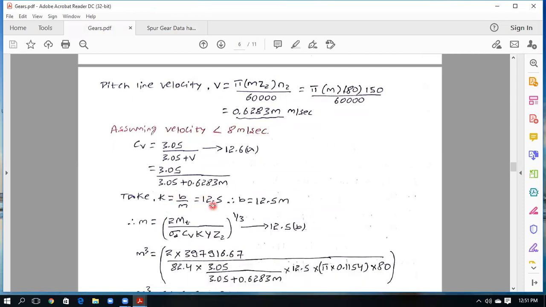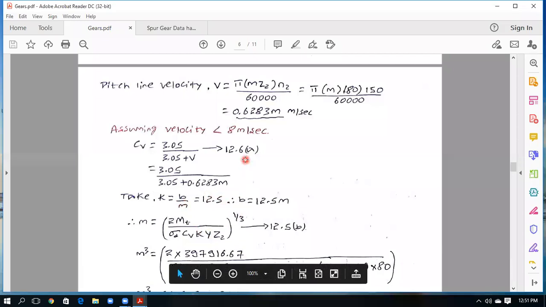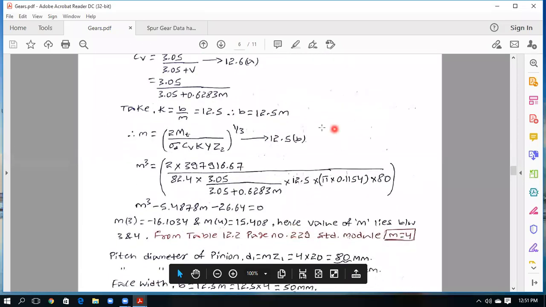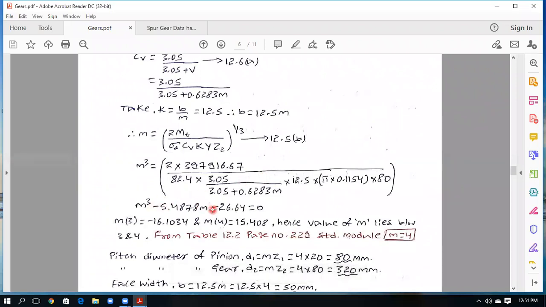You have to take k equal to 12.5 and substitute that. Therefore, face width b is equal to 12.5 into m. Now substitute all the values in the above equation, that is equation 12.5b. After substituting that, I will get this equation.